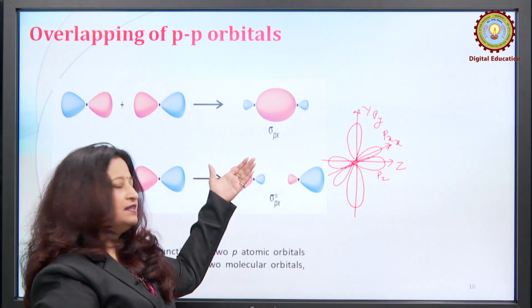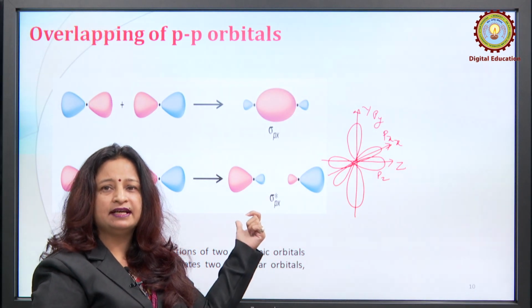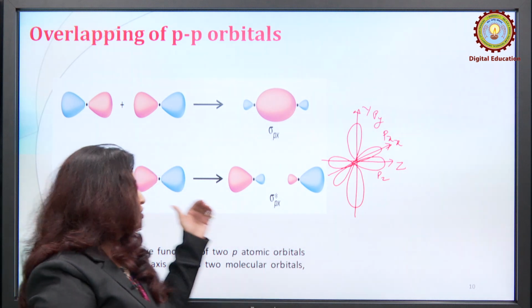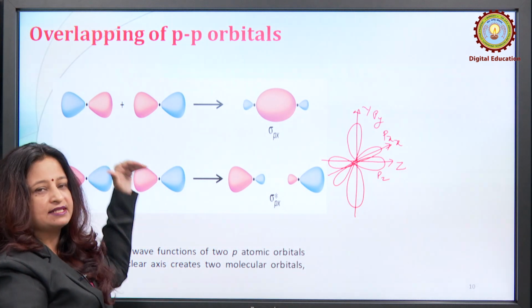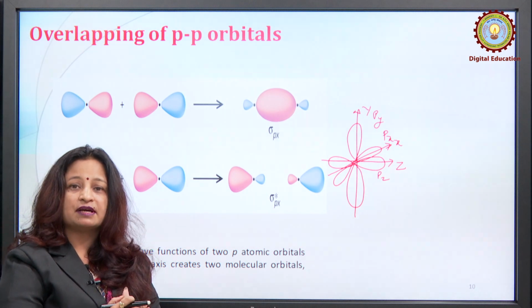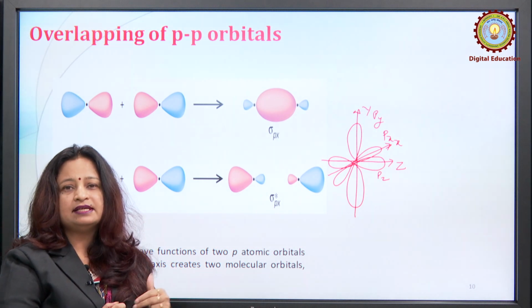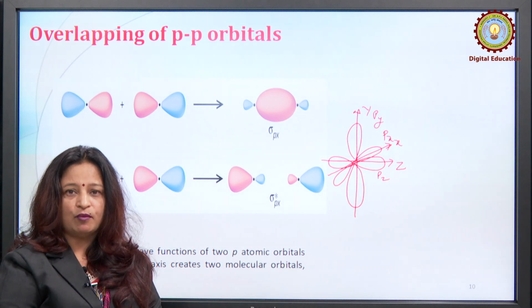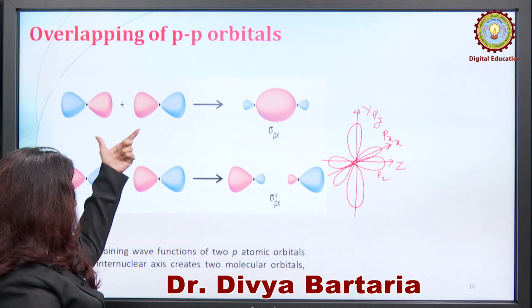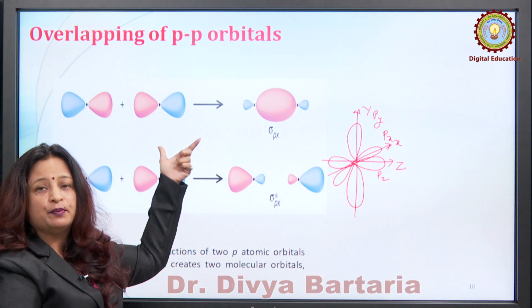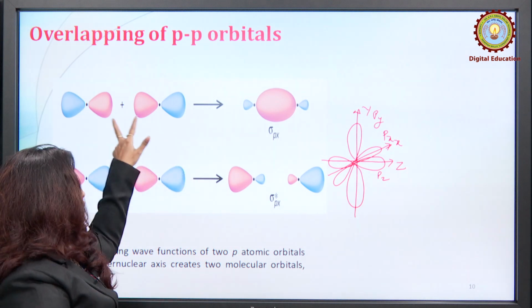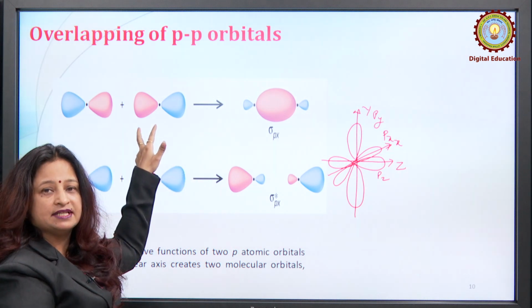So, here in this particular picture, it has been considered that px atomic orbital is present along the molecular axis. So, when along the molecular axis 2 px atomic orbitals approach each other, in LCAO method, again we will be able to get two types of molecular orbitals. If both the atomic orbitals are present in the same phase. Same phase here means that the overlapping lobes are present in the same phase.